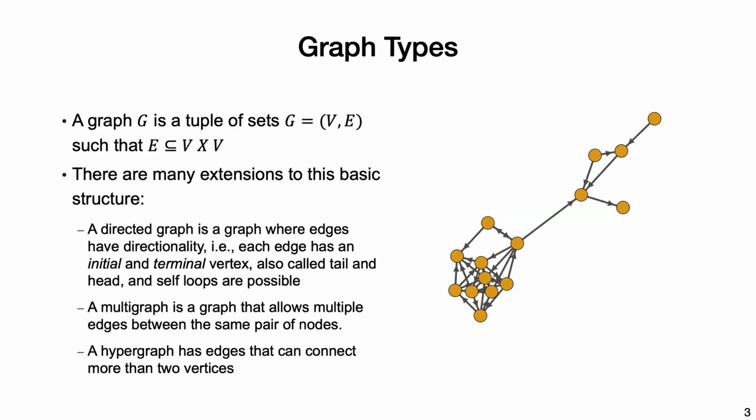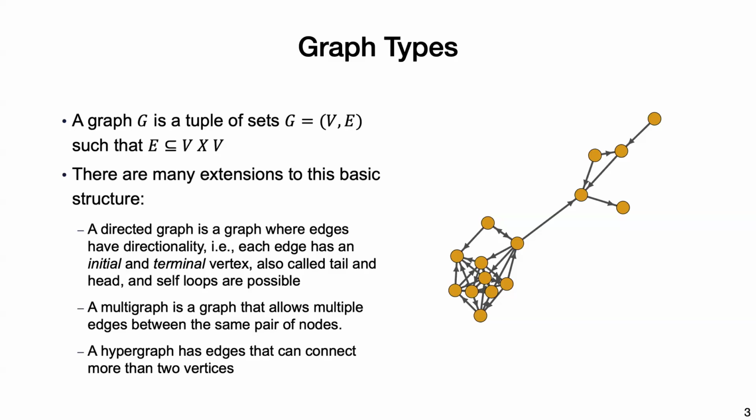And a directed graph means that the tuples have directionality, which means that if you have a tuple U to V, there's not necessarily the corresponding tuple V to U. And in a multigraph, you can have multiple edges between the same pair of nodes. And then the other side of the directed graph is the undirected graph, where if you have an edge from U to V, then you have one also from V to U.